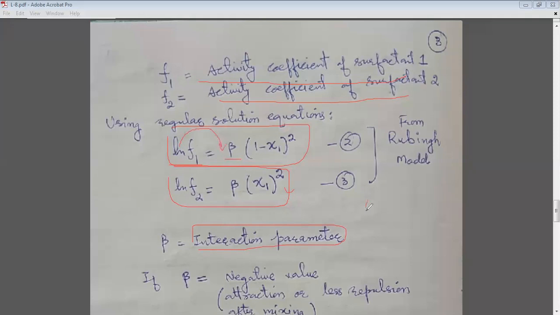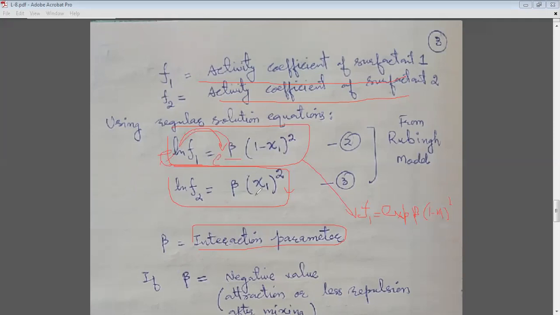That means you can write F1 is basically equal to exponential, and by using a scientific calculator you can calculate exponential of beta into 1 minus chi1 whole square. You can transform this equation by simply taking the natural logarithm to this side, or by multiplying by the exponential. Exponential and logarithm will cancel, and here it will be e raised to the power beta into 1 minus chi1 square.